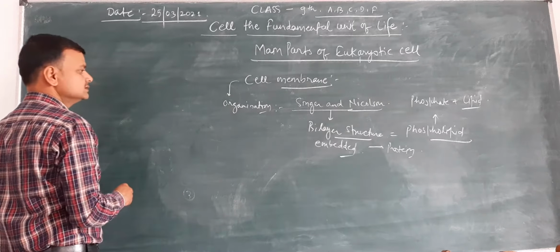The head is always hydrophilic and the tail is hydrophobic, and in between there are some protein molecules. These are proteins, and this is a phospholipid layer, and this is one more phospholipid layer. So this is the total arrangement of the cell membrane.